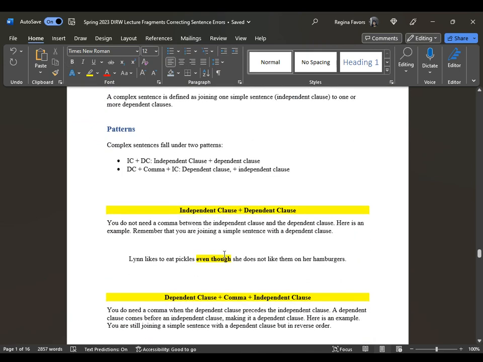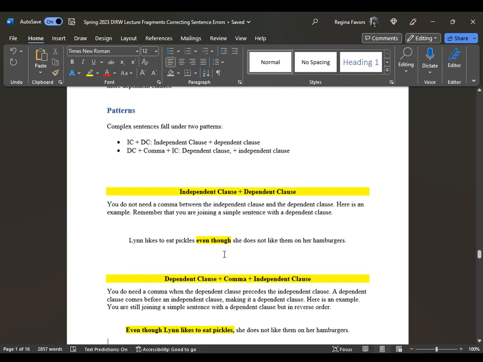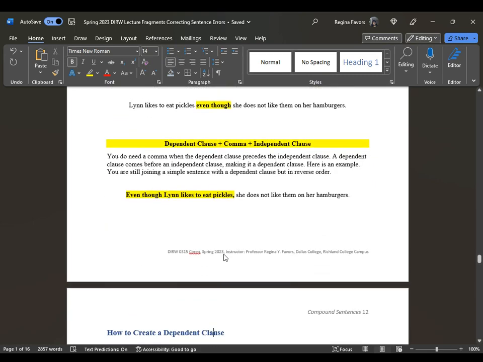And so remember, when you place the dependent word within the sentence, you don't need a comma before or after it. Okay. When you introduce the sentence with the dependent word, which will create a dependent clause, then the comma comes after the full dependent clause.